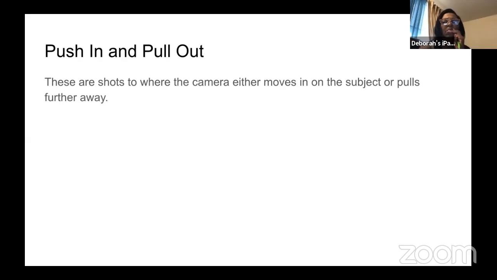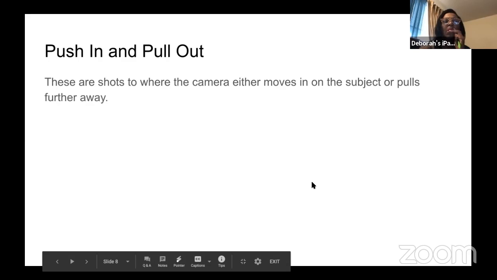So a pull out would be more so of a reveal, and a push in is to draw everyone's focus into, like, if I want everyone to focus on that rose because that rose is really important to the story, I would push the camera all the way into that rose to tell everyone, hey, this is what you look at. This rose means something. So any questions? No. All right, sweet.